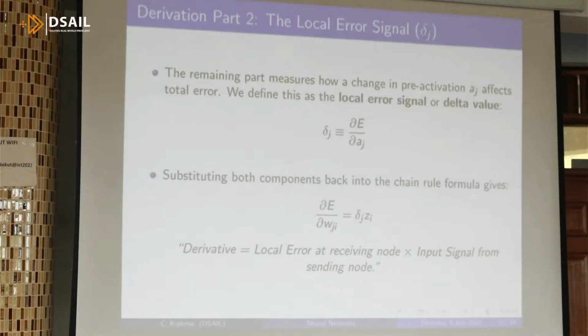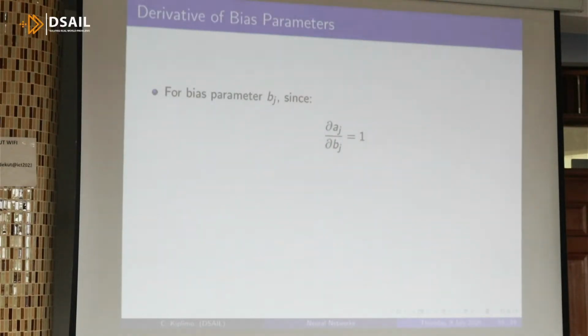If we focus on this connection alone, the derivative of E, the error, with respect to the weight is the same as taking the local error at the receiving node multiplied by the input signal coming from the sending node. Just visualize that. I think it's a beautiful relation, but we need to move forward.